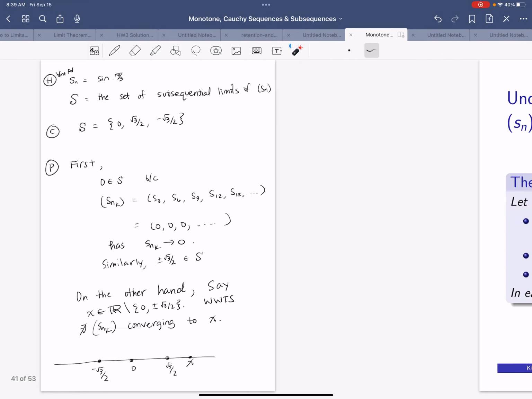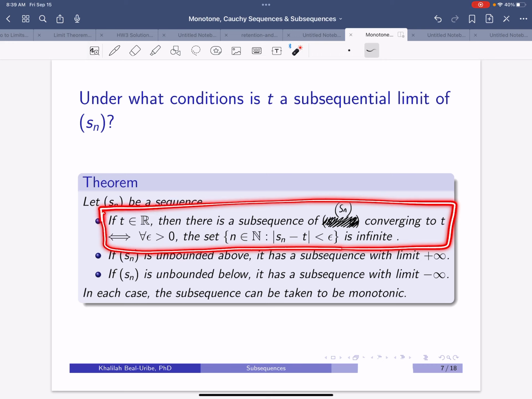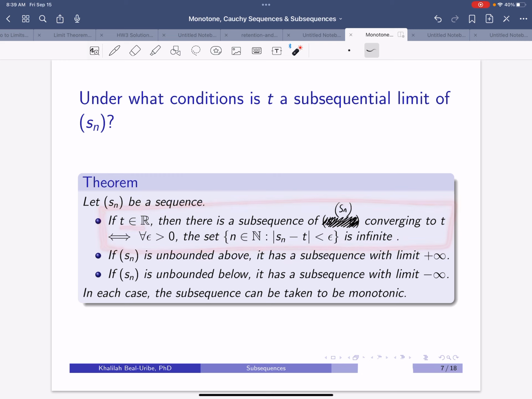Okay, so that kind of is a really good segue to this theorem here. Because this theorem is saying under what conditions will a real number be a subsequential limit of a sequence. And here's the key right here. The idea is that fix a real number, there's a subsequence converging to it if and only if for every epsilon greater than 0, this set is infinite, right?